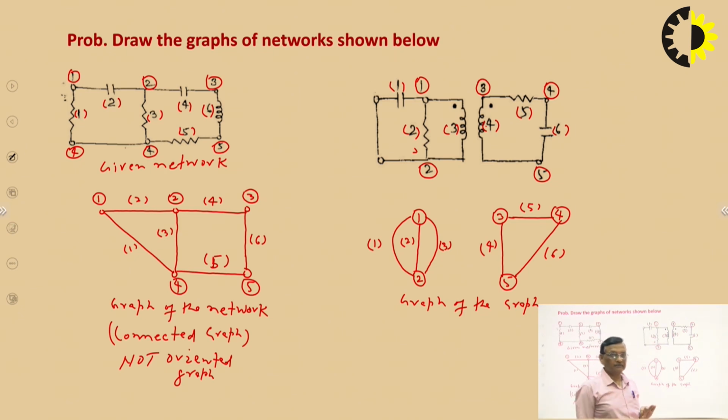Can anybody tell whether the graph is connected or disconnected? Are we able to go from node 1 to node 3? No, we cannot go. From 2 to 3, 2 to 5, 2 to 4, or 1 to 3, or 4 or 5. We cannot move from 1 to 3, or 1 to 4, or 1 to 5.